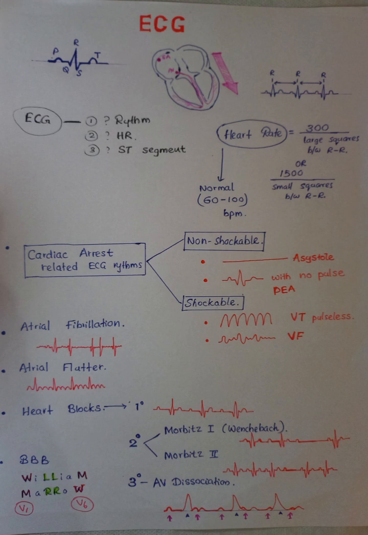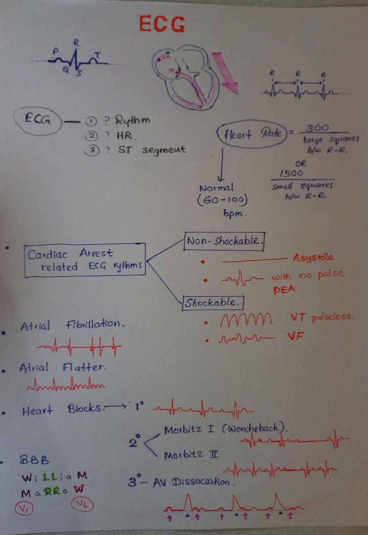Then briefly we discuss the bundle branch blocks. With a mnemonic called William Marrow, you can remember whether there's a left bundle branch or right bundle branch block. You have to consider lead V1 and lead V6.